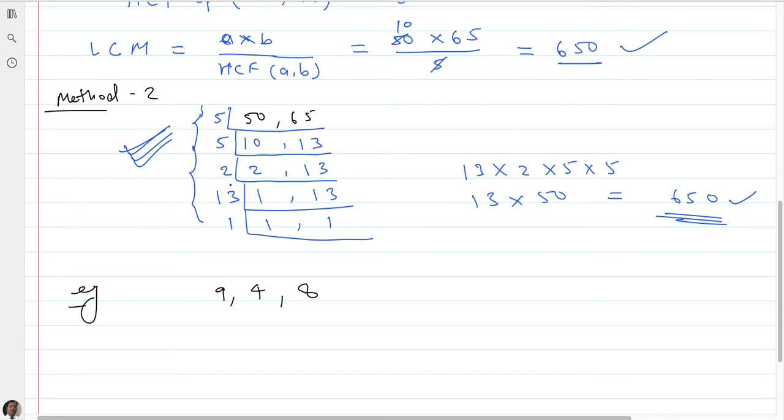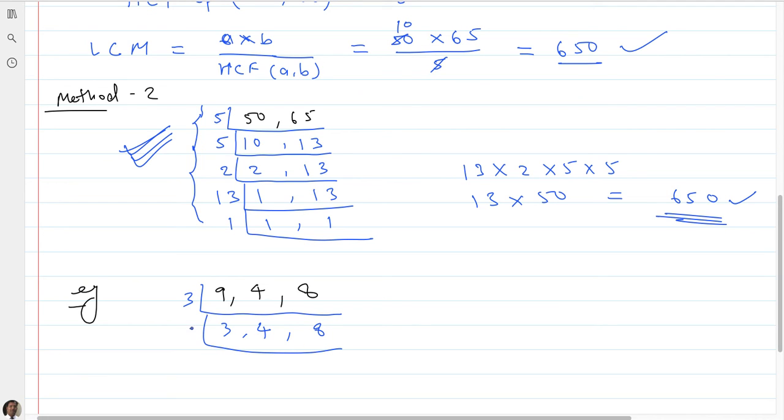I am going to apply this method. Okay. So if I apply this method, first, what can divide 9? Obviously 3. It will come 3 here. 4 cannot be divisible by 3, so as usual we will write the 4 and 8 also.